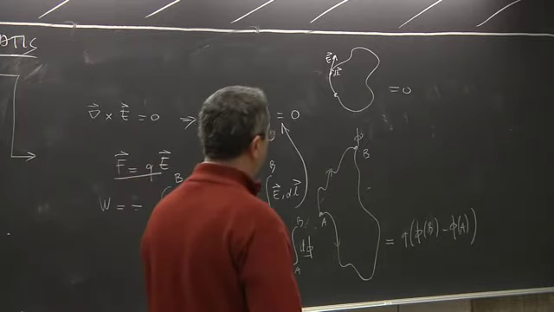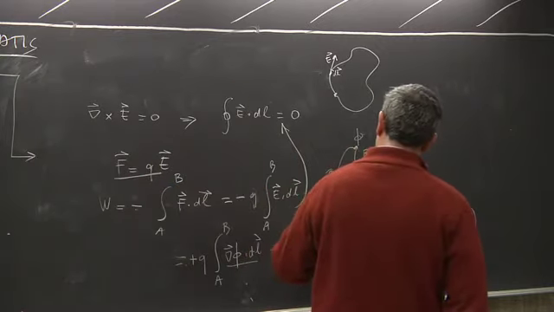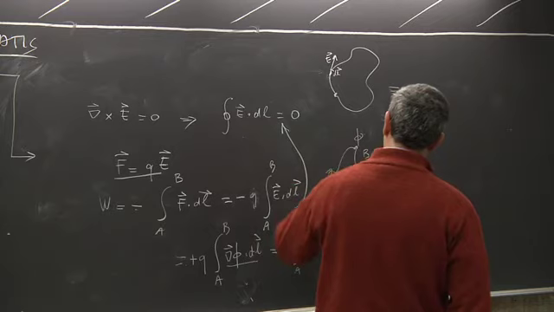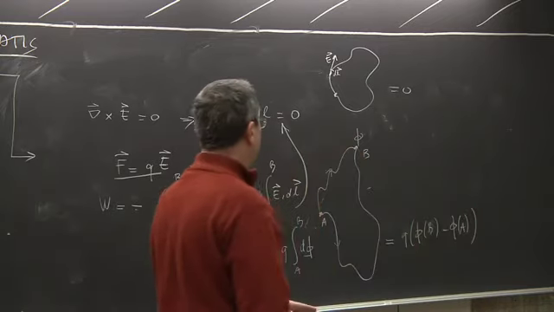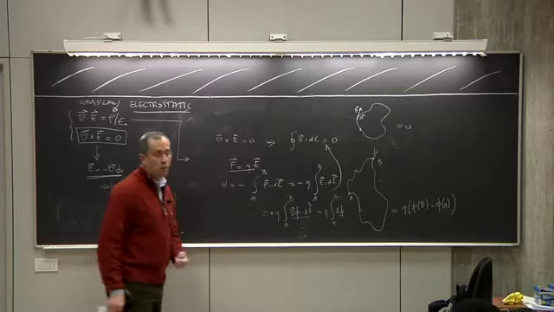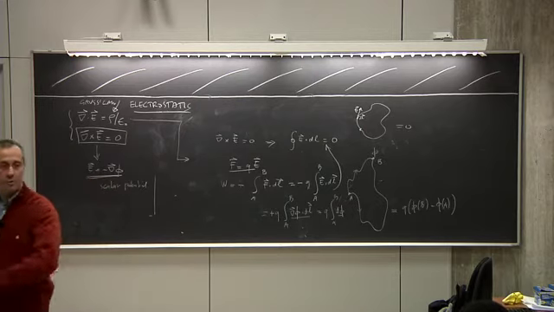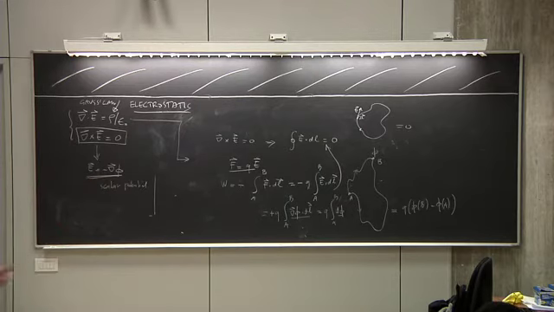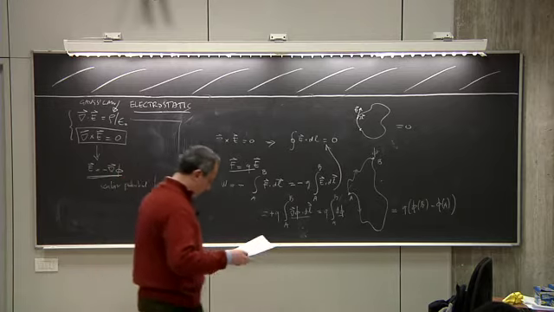And the difference between the values of the potential in two different points of your field times the charge is the work to bring that charge from one point to the other one. It does not depend on the path.